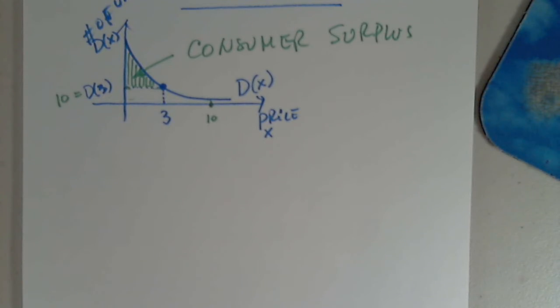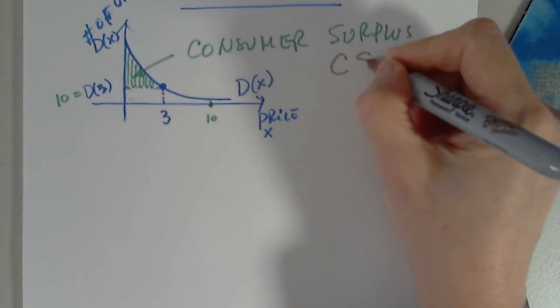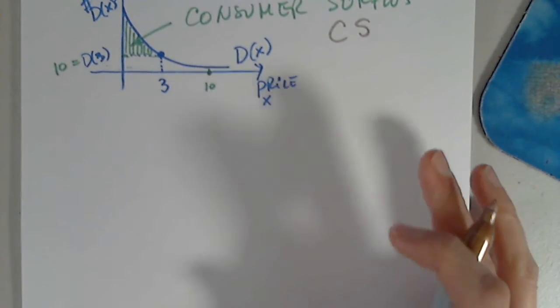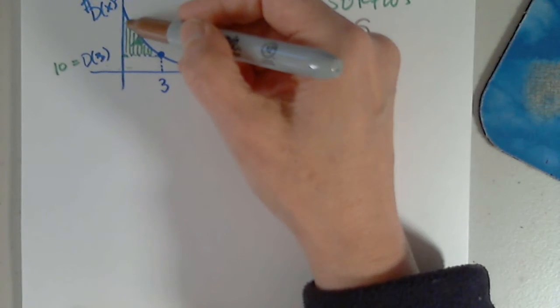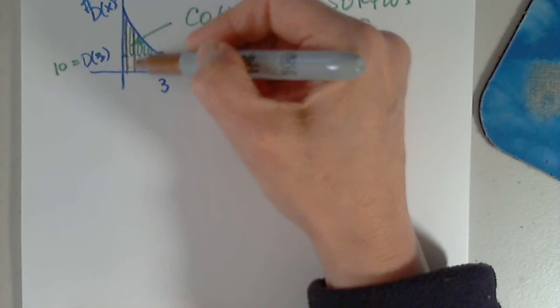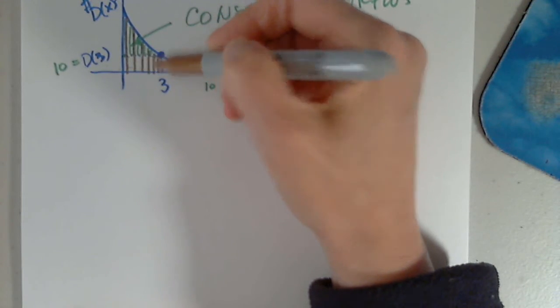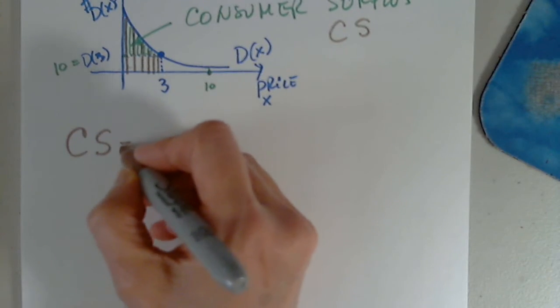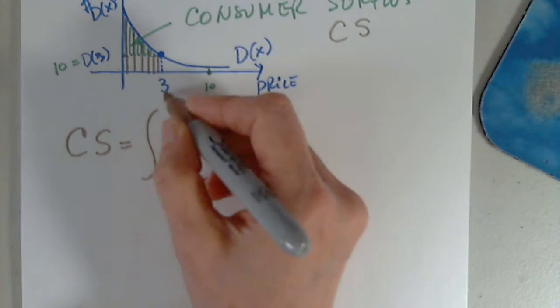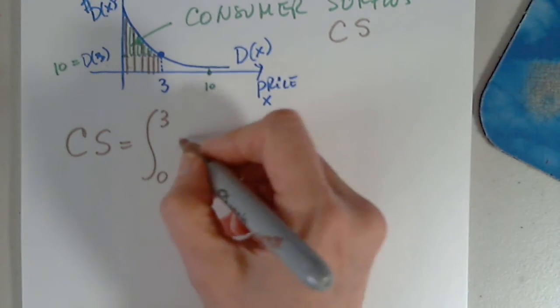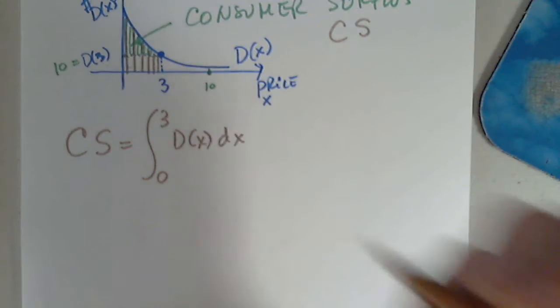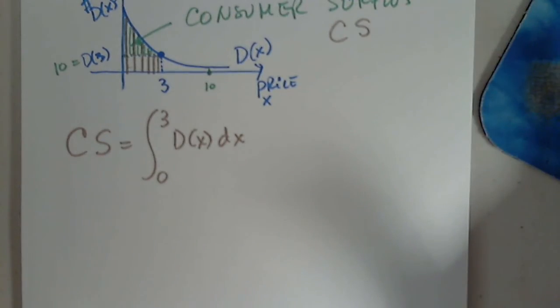So now, how do I determine the consumer surplus? CS, consumer surplus. How do I find it? I will determine this area, which I know how. So the consumer surplus will be the integral from 0 to 3 in my example, of D of X dx, but that's not the consumer surplus.